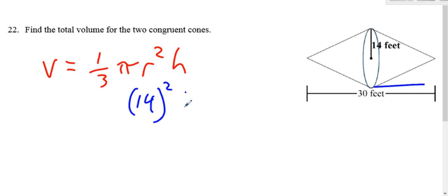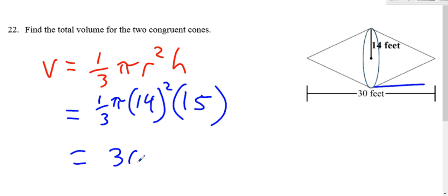That means the height of one of them is just 15. So 14 squared times 15 times about 3.14 for pi, and divided by 3.